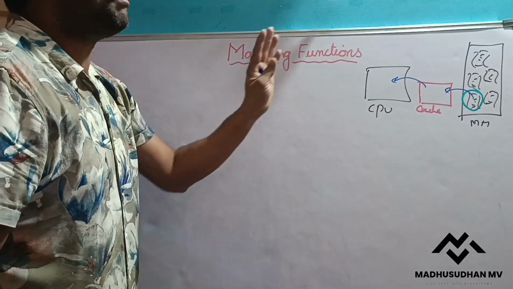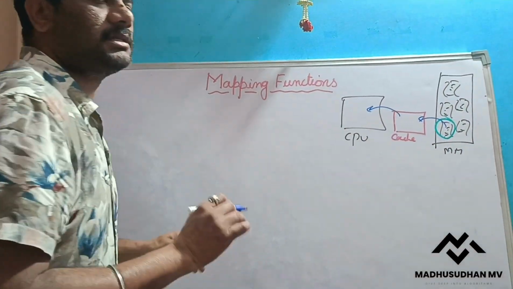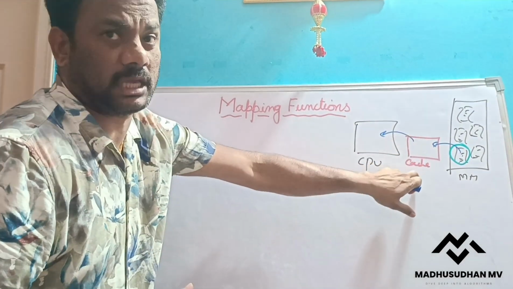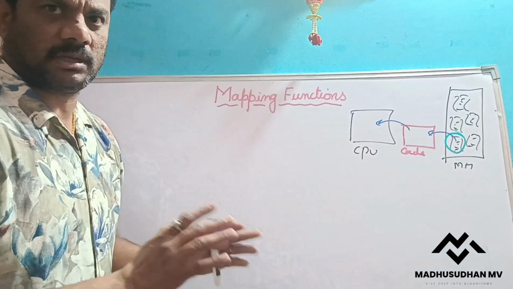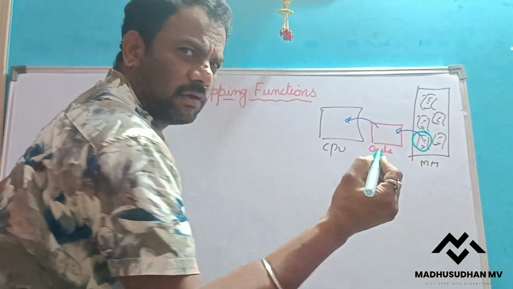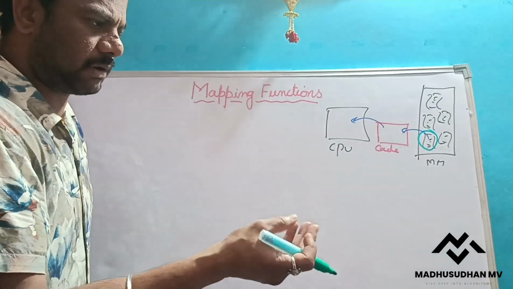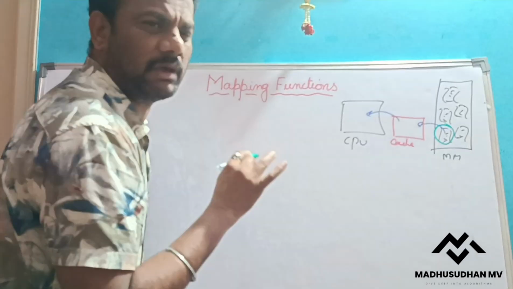Now what is the problem in that? The main memory is a huge memory when compared to the cache memory. Nowadays in our systems, even in our mobiles, we are using 6 GB or 8 GB RAM compulsorily.